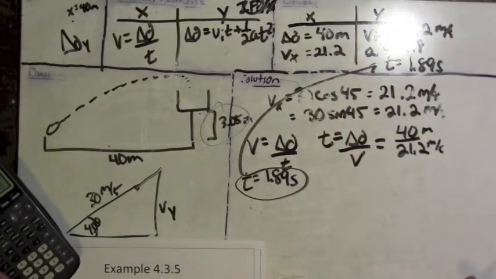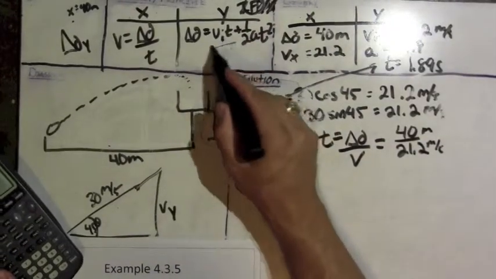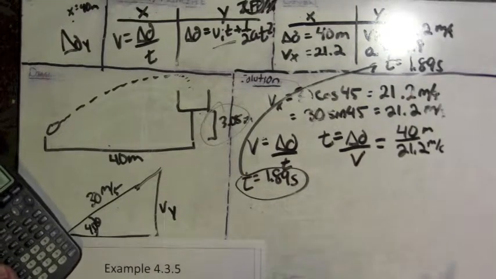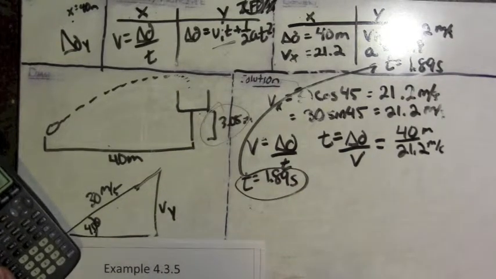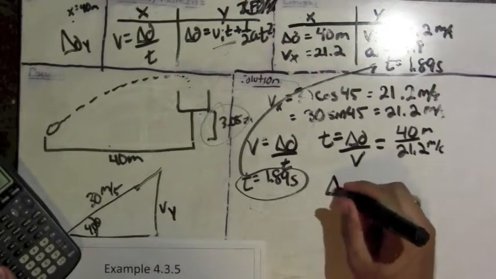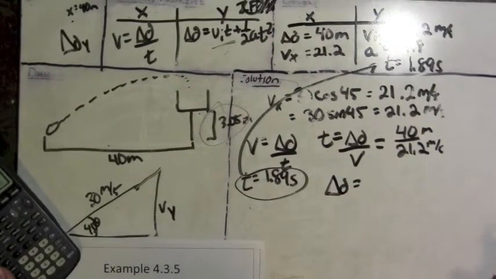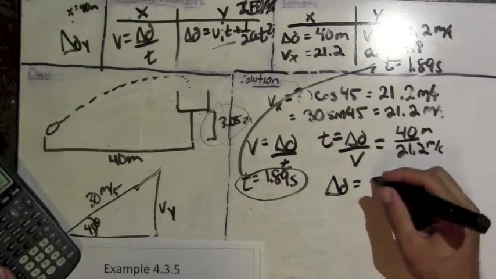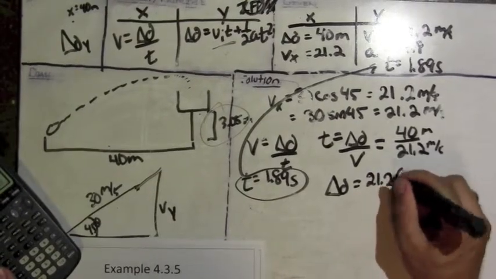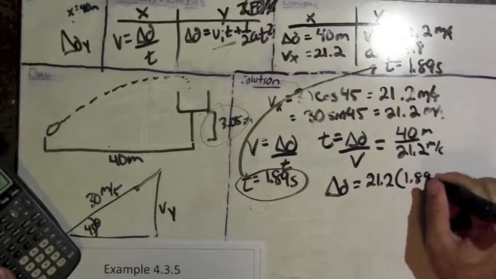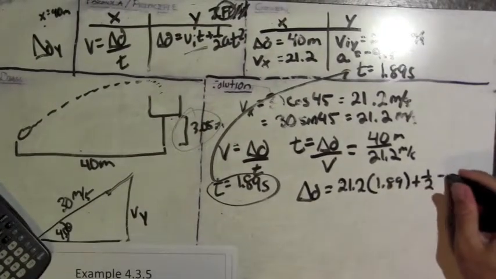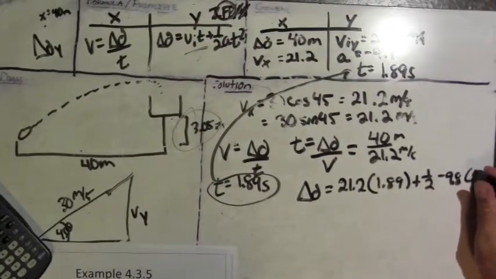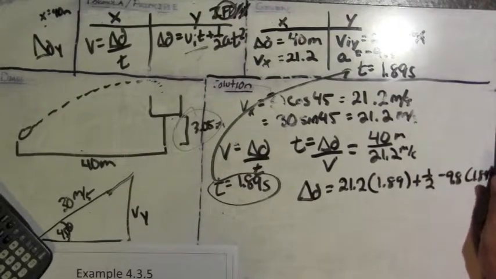Now what makes these problems somewhat difficult is the fact that this term right here, this VIT term, is not going to cancel out. So whenever I plug in my numbers, what I'm going to get is delta D is going to equal 21.2 times 1.89 plus 1/2 of negative 9.8 times 1.89 squared.